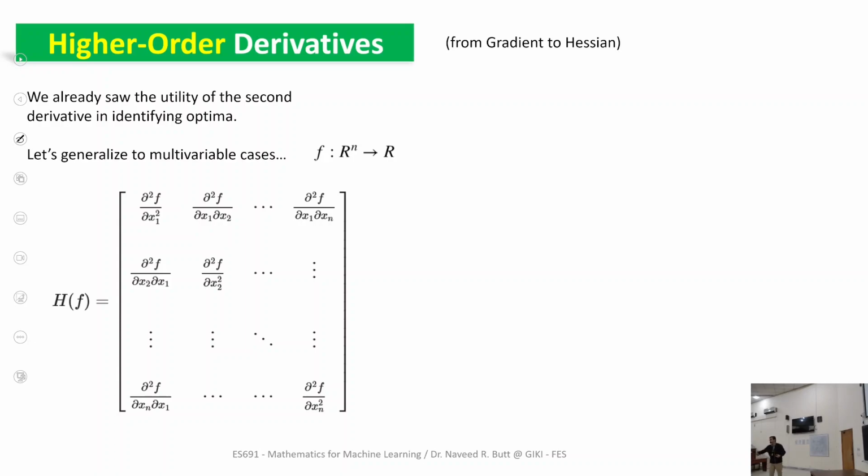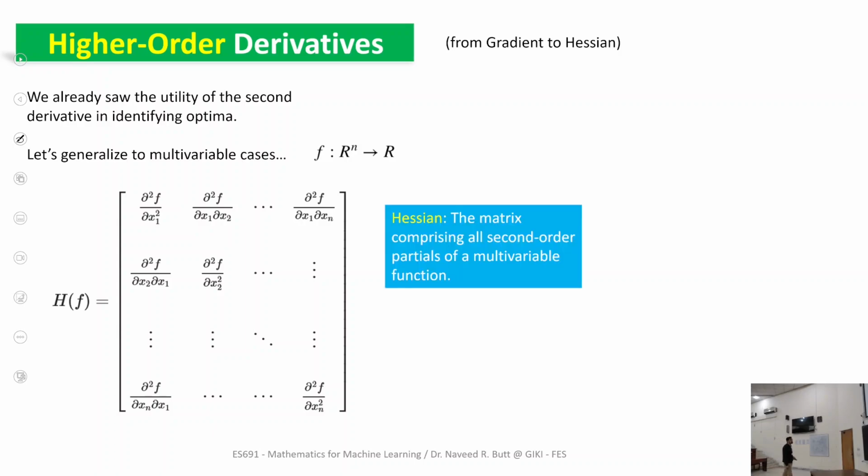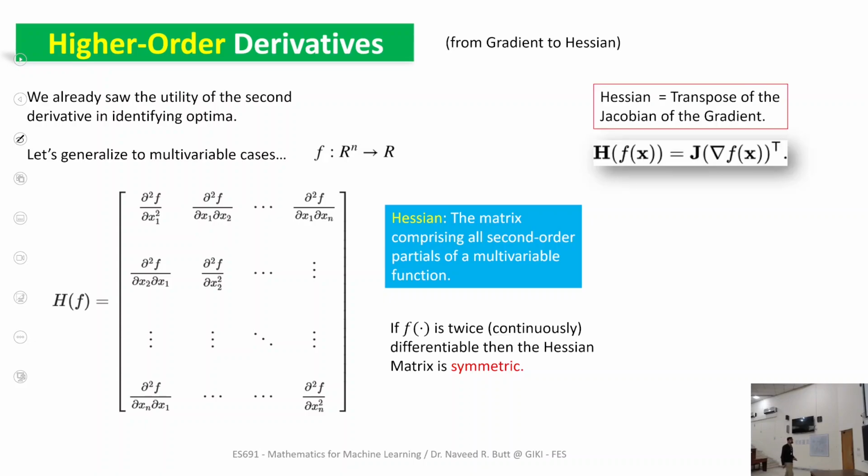That adds another layer, but the principle remains the same. So the Hessian is the matrix comprising all second order partials of a multivariable function. If f is twice differentiable, then the Hessian is symmetric, because the partial of x2 x1 is the same as the partial of x1 x2. Well known results.